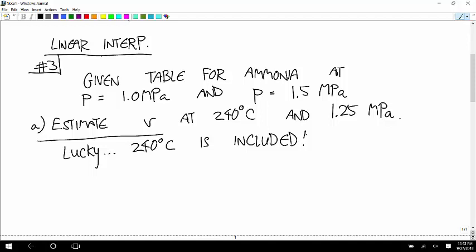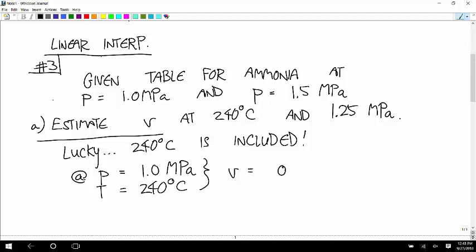So we want to estimate the specific volume. At a pressure of 1 megapascal and a temperature of 240 degrees Celsius, the specific volume that's given is 0.2275 cubic meters per kilogram. That's just reading off the table.